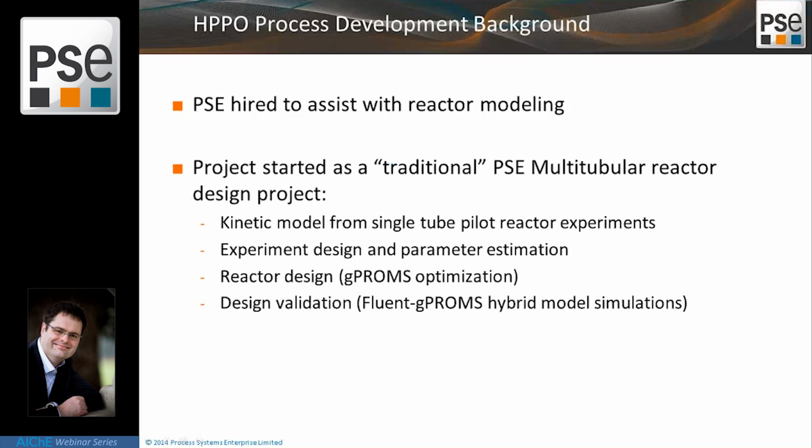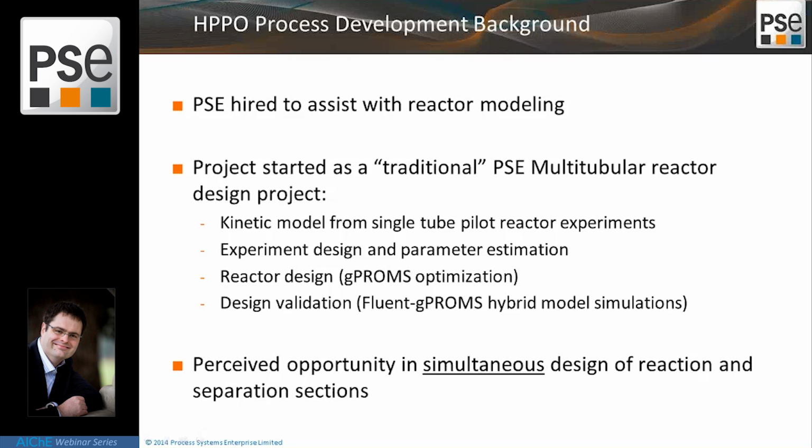Once we have the right kinetics, we can do the reactor design, which is done in optimization. And then we typically do a design validation with a Fluent gPROMS hybrid model simulations, where gPROMS and Fluent are connected to each other and talk to each other, so to speak.